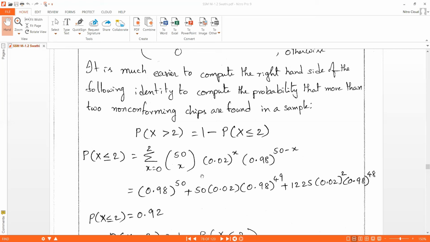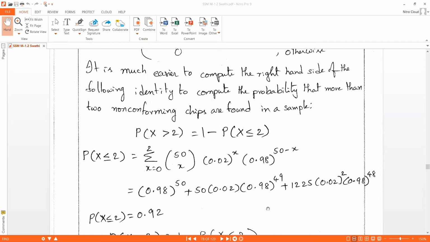If x equal to 0, we get 0.98 power 50. If x equal to 1, it is 50 into 0.02 into 0.98 power 49. If x equal to 2, it is 1225 into 0.02 power 2 into 0.98 power 48.